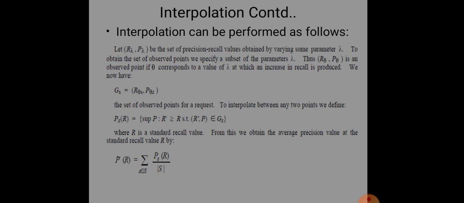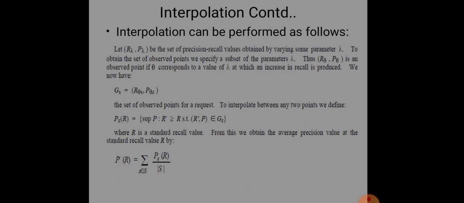Thus, (r theta, p theta) is an observed point if theta corresponds to a value of lambda at which an increase in recall is produced. We now have a set. Here GS represents a set which contains ordered pairs (r theta s, p theta s). This is a set of observed points for a request.